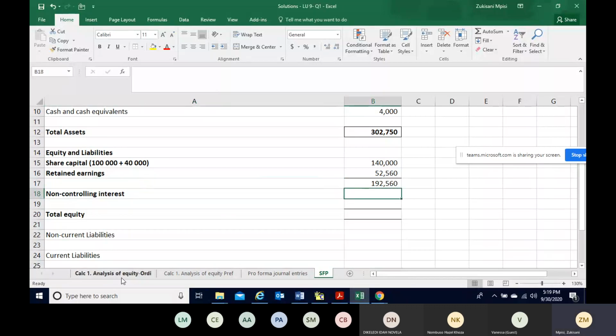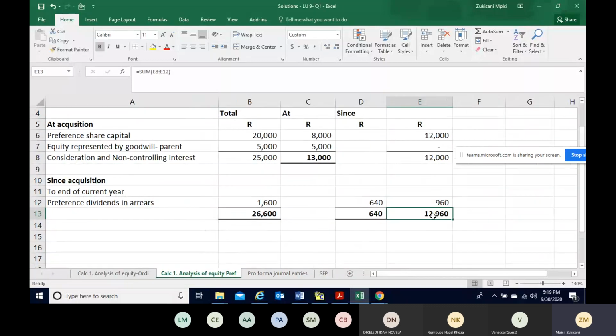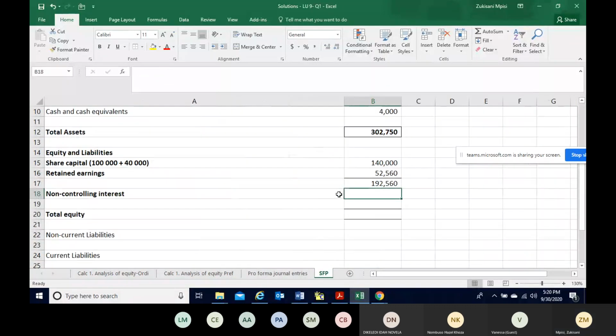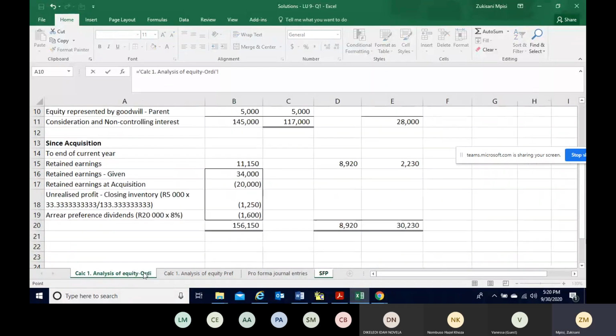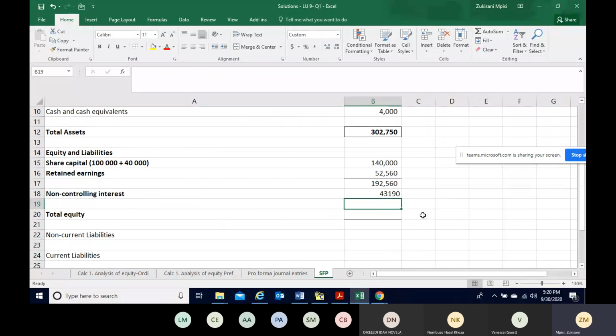Then the non-controlling interest, we can go and take it and add the 32,230 and 12,960. 32,230 plus 12,960, which gives you 43,190.